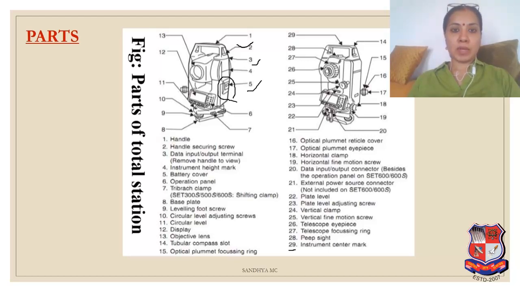This is the slot where the battery is inserted, and the 12th one is the display panel. And the 26th, that is the telescopic eyepiece, is there, and 29 is the instrument center mark. And 22 is the plate level, and 26 I already told you. 27 is the focusing ring. This is a focusing ring. So just go through this figure and try to understand the parts clearly.